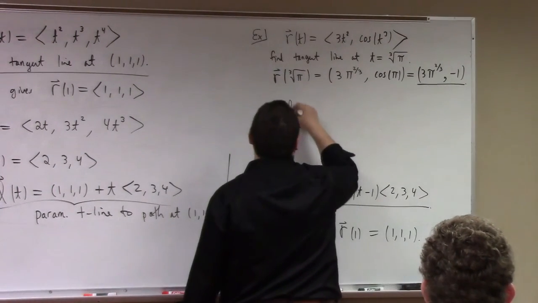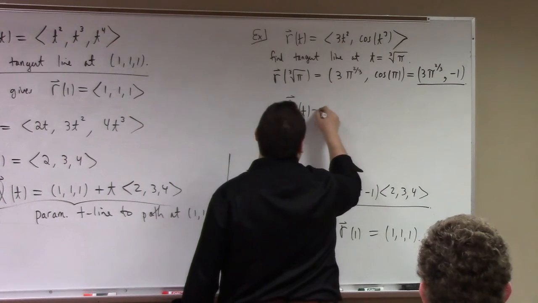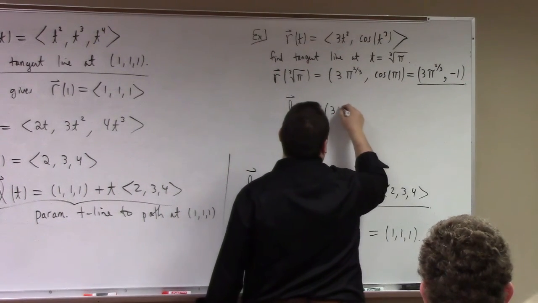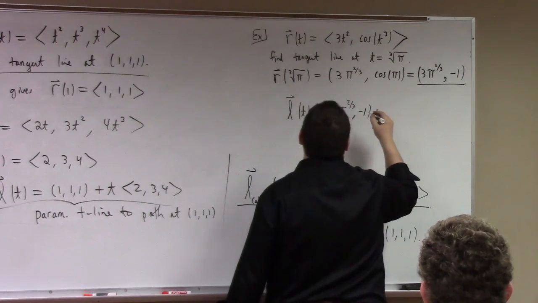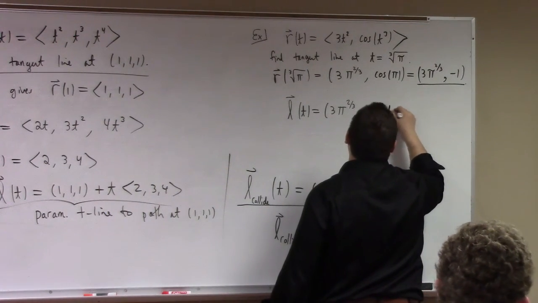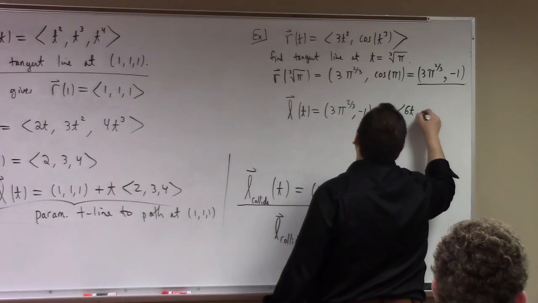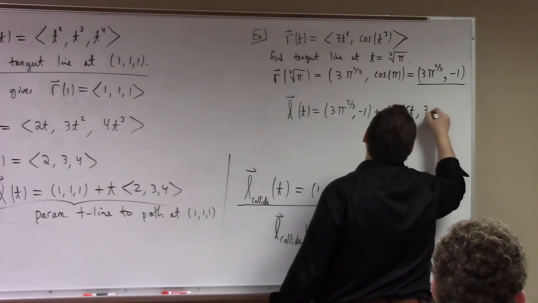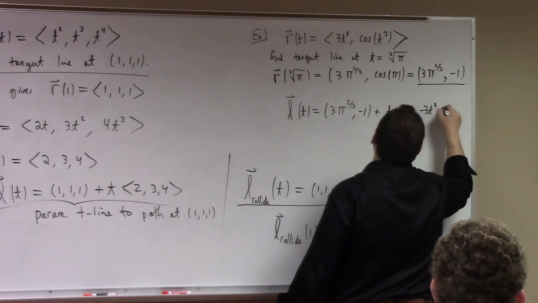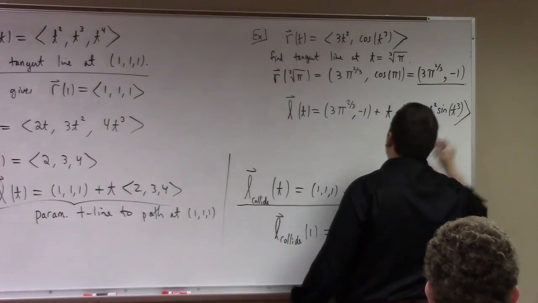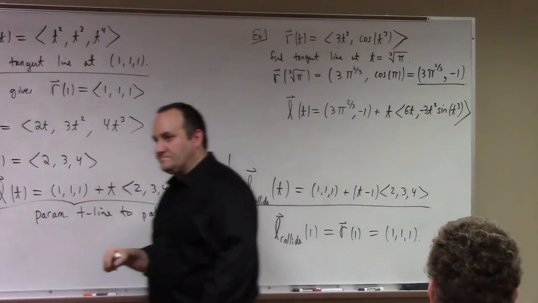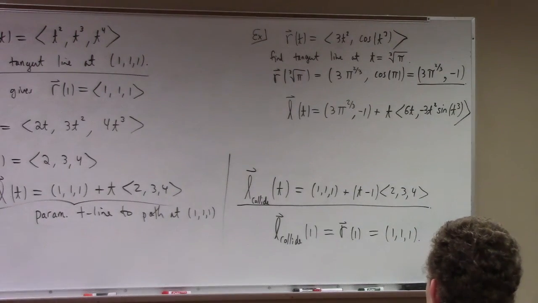They say the tangent line is parametrized like so: 3 pi to the 2/3. Almost everybody gets this part right. But then they'll tell me something like, and then you do t times 6t, minus 3t squared sine of t cubed, right? There you go, parameterization of the tangent line.